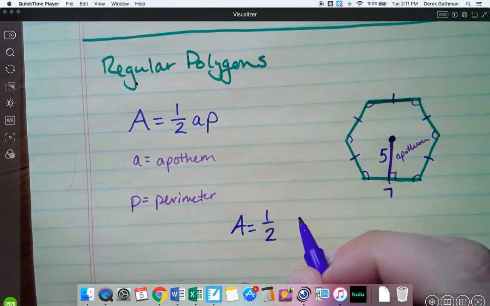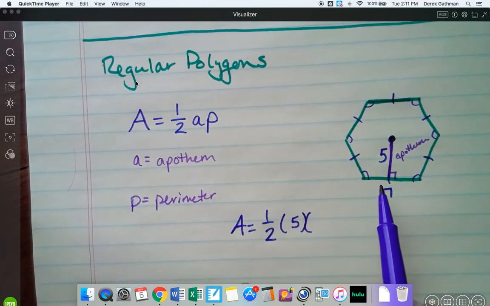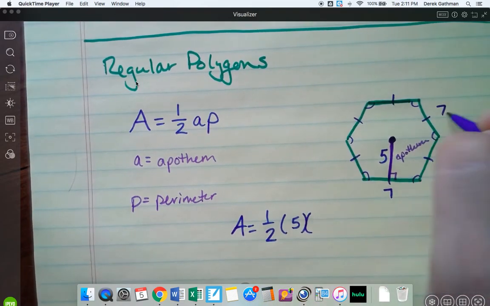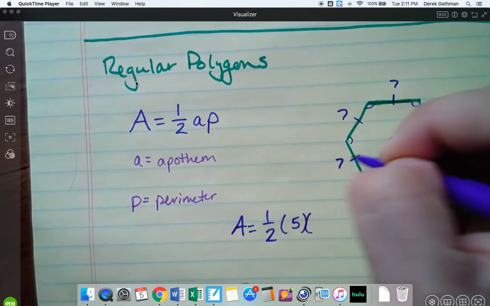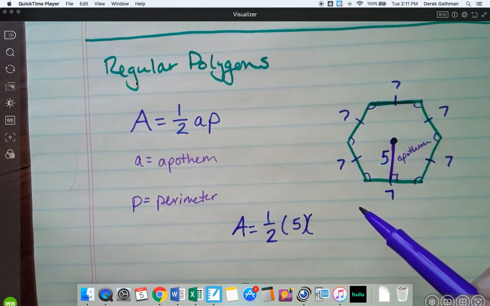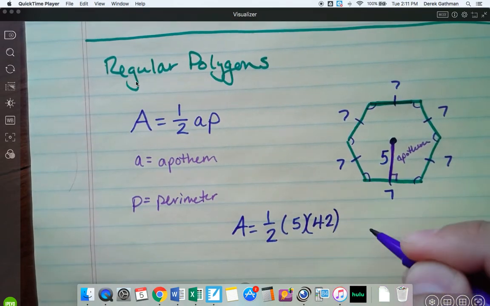My apothem is 5. A lot of people will make the mistake of just putting 7 in for P. P stands for perimeter, which means that all of these are 7, which means that I need the distance of all of them. I need the distance around the outside of the figure. So I have 6 of those, so I'm going to have 7 times 6, so my perimeter is actually 42.